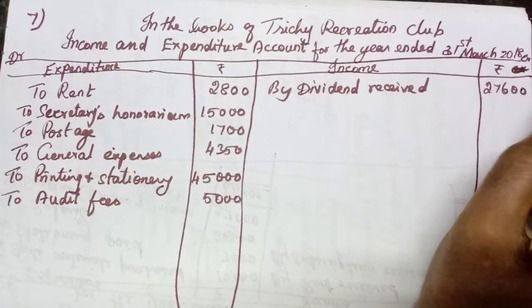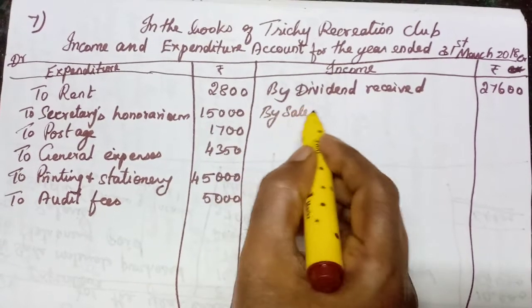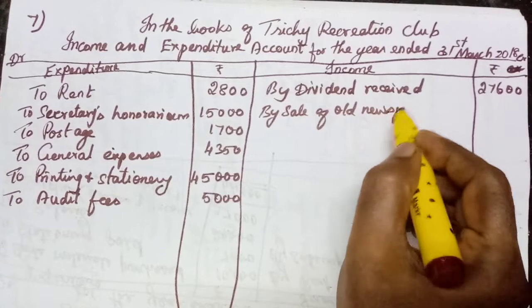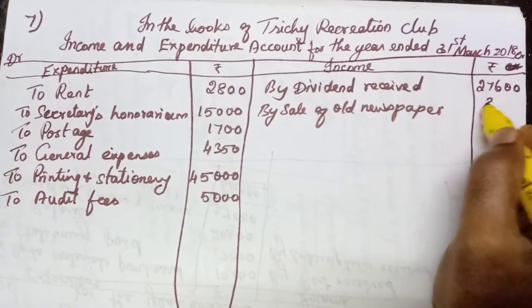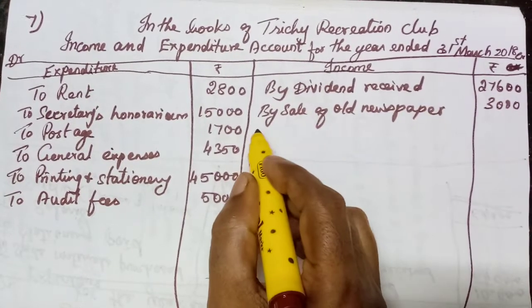Then sale of old newspaper, revenue item, isn't it? By sale of old newspaper, 3,000. Then members subscription, it is also revenue.